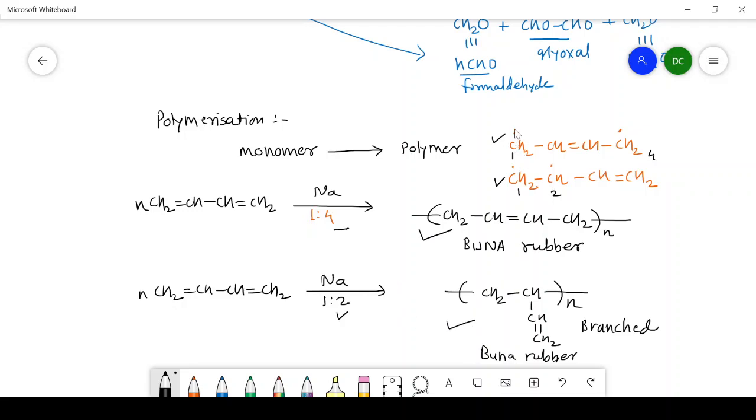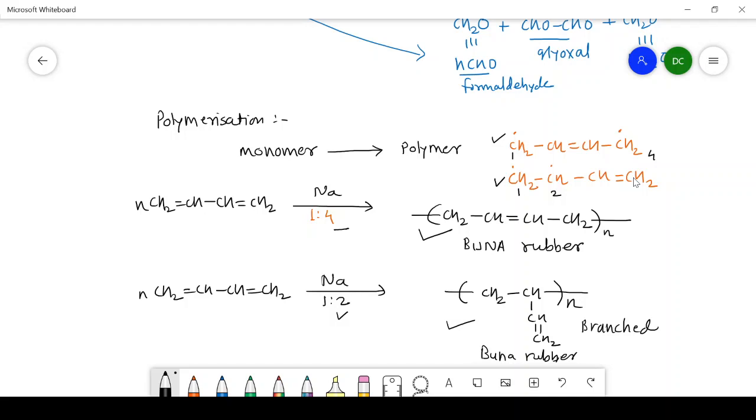And for this purpose, we have taken here a diradical resonating form, and it is useful to understand how the reaction occurs using these diradical resonating structures. So this is all about the reactions of 1,3-butadiene. We have studied addition reaction, cycloaddition reaction, as well as ozonolysis, and finally we have taken the polymerization reaction.